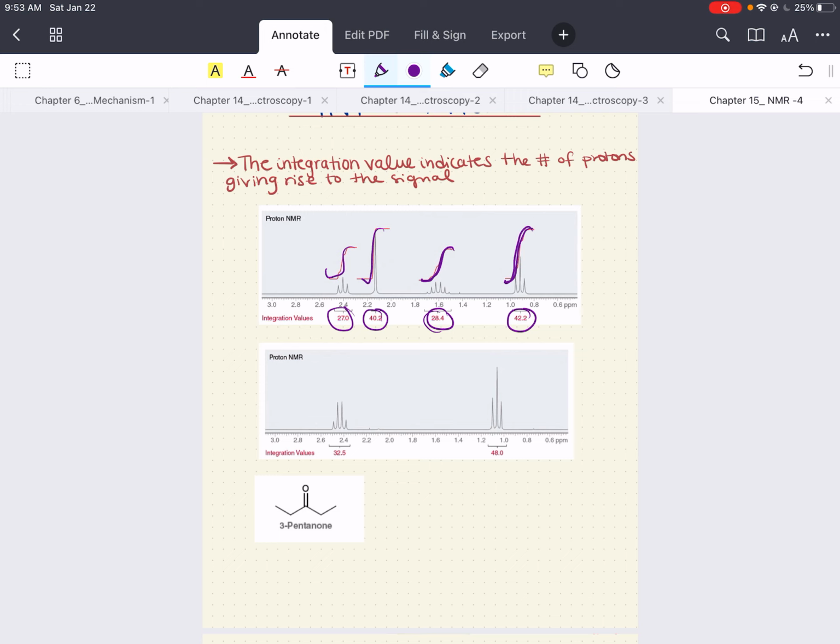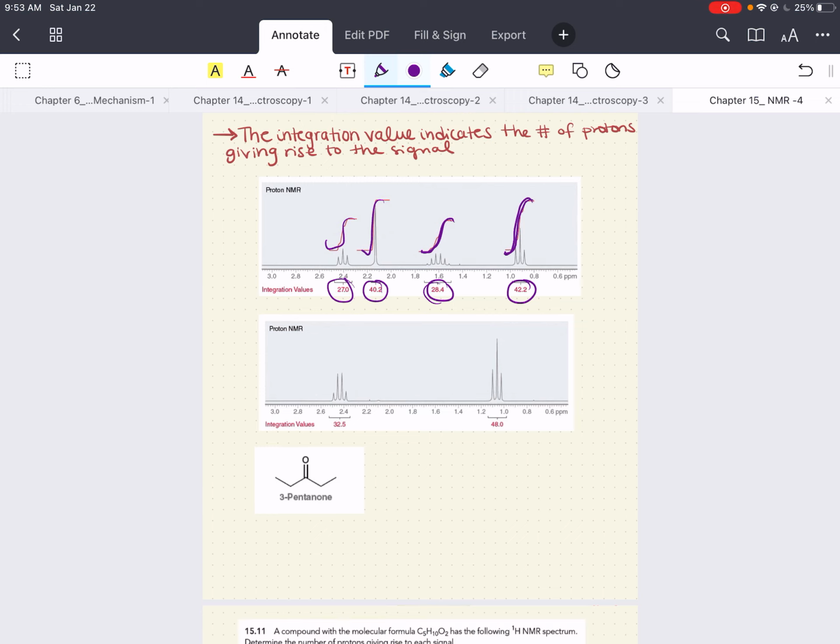All right, so for example, we're going to look at this NMR signal. If we integrate these two signals right here, we get 32.5 and 48. Which number is smaller? 32.5. So we're going to divide this by 32.5. We get about 1. And if we divide 48 by 32.5, we get approximately 1.5. Sometimes you're going to get whole numbers.